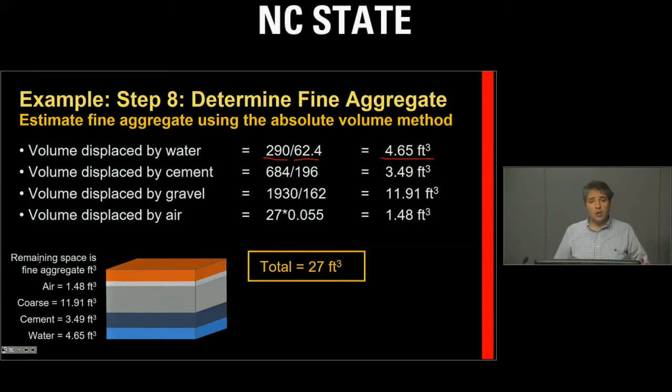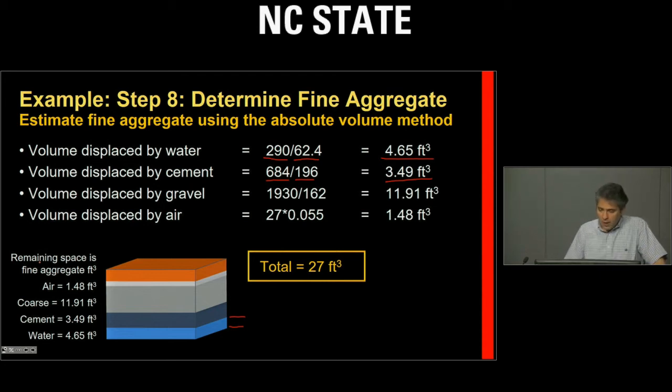Now, we have 1 cubic yard of concrete. We calculated the volume of the water that goes inside the concrete. Then we have the weight of the cement. We divide that by the density of the cement, and we calculate how much volume the cement will occupy in the system, and we add that to this 1 cubic yard.